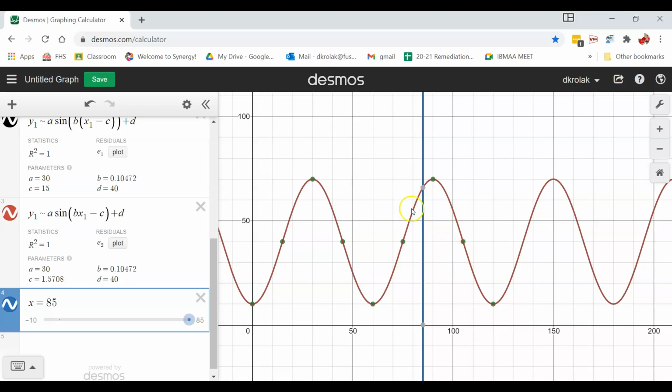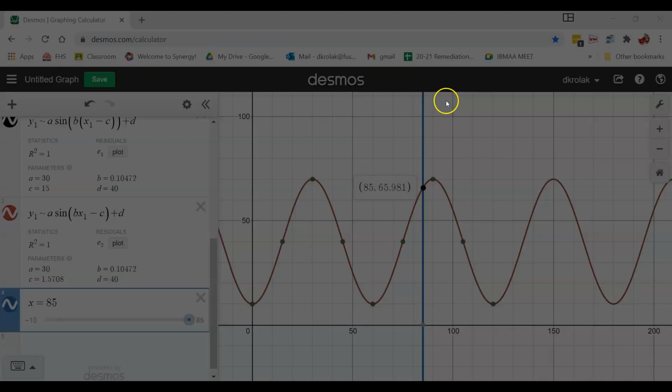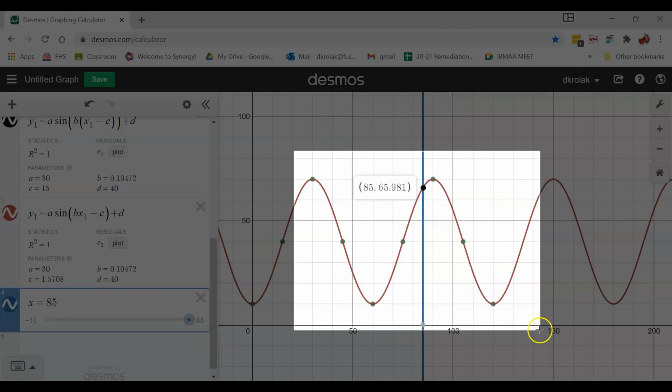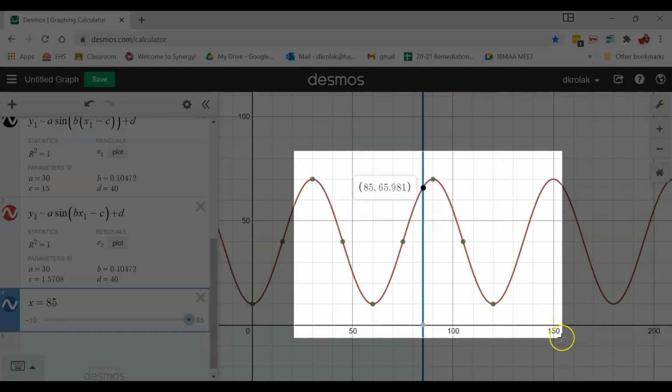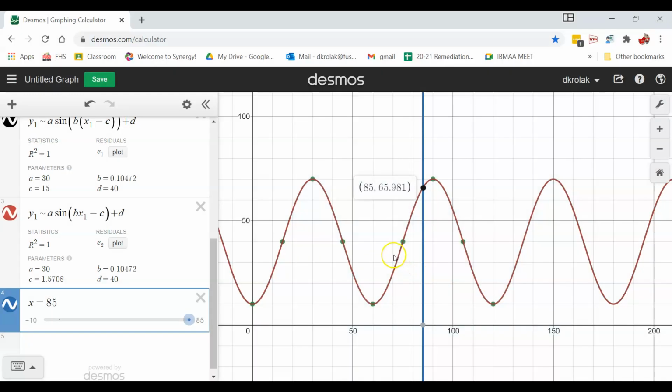So at 85 seconds, I'm 65.98 feet above the ground. We always go to 3 significant figures, so I'll show you. That's going to be 66 when I round it.